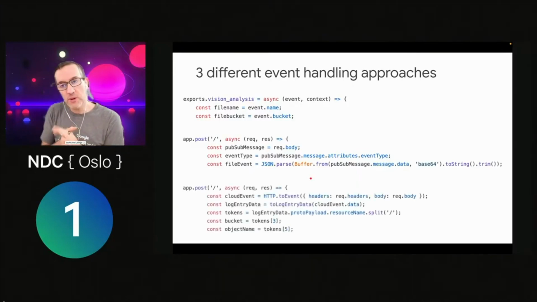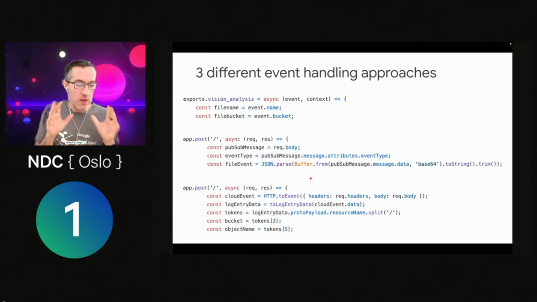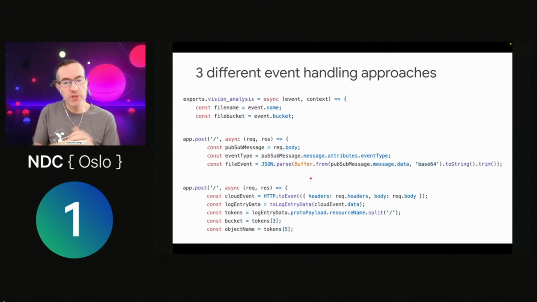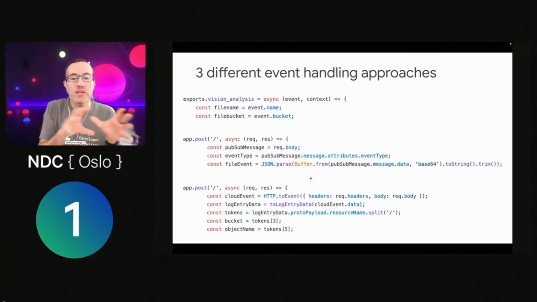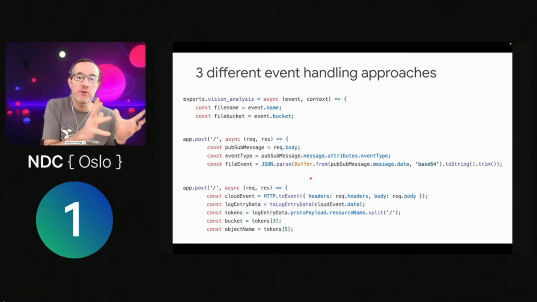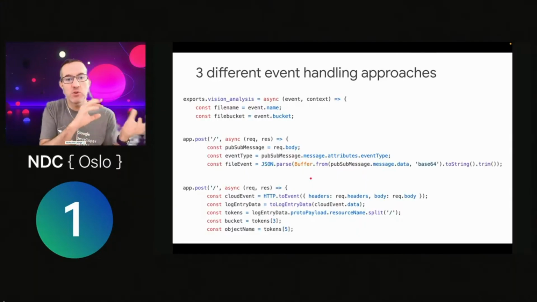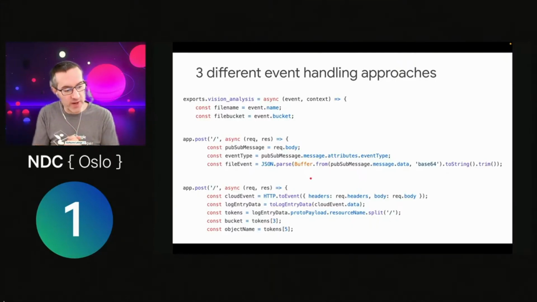And the third way is for the garbage collection service. This service is using the Eventarc product, which is a way to direct events from one place to another. There are different sources and sinks. You can have events flying in different directions.